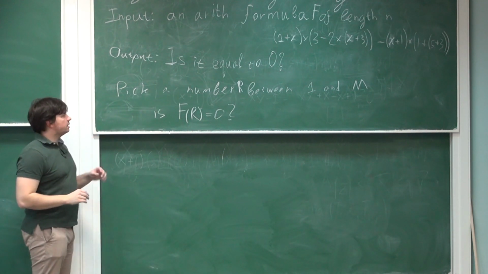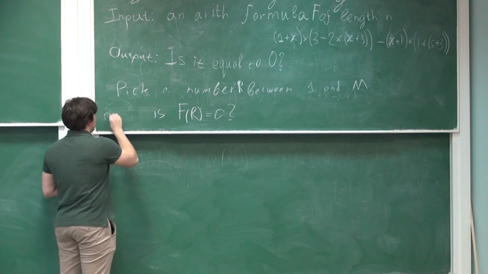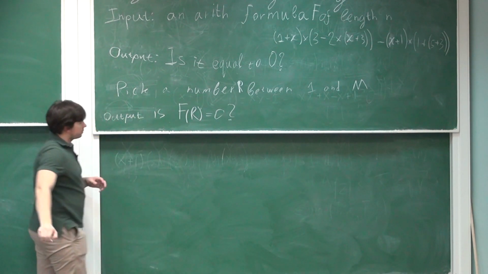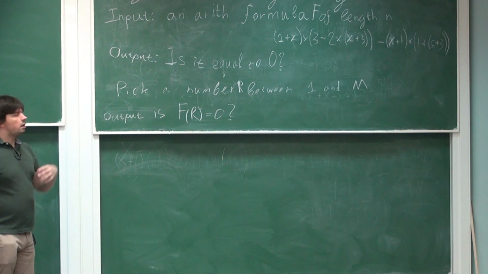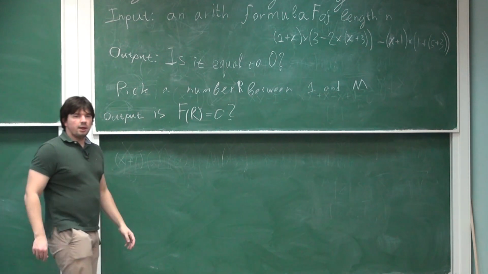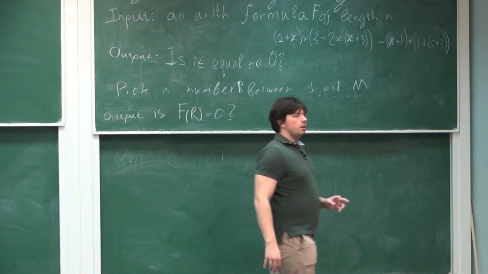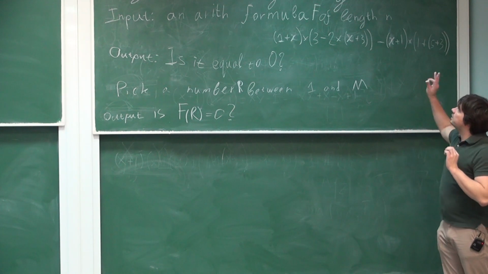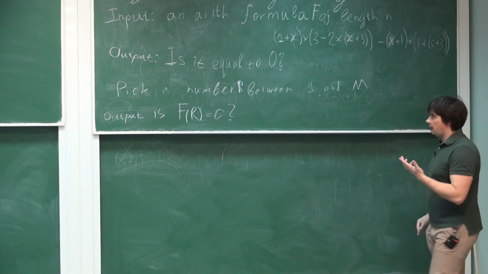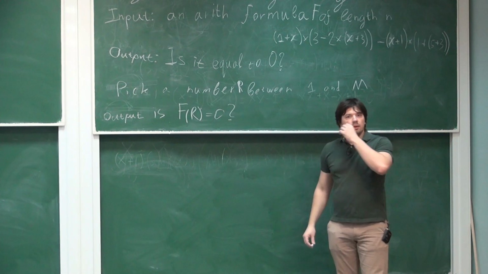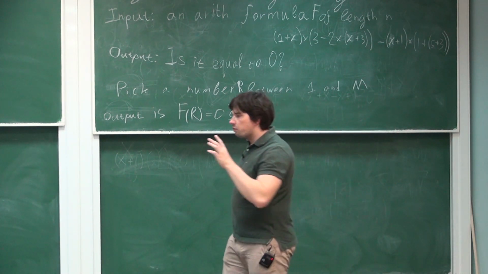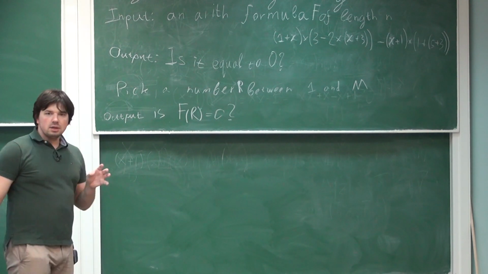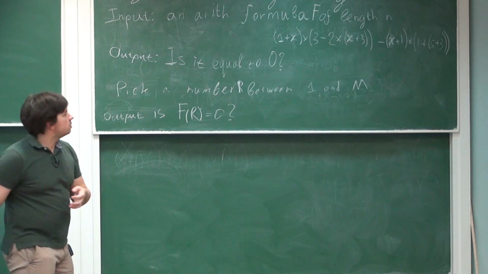So this is what we output. Our formula has length n, which means that the maximal possible degree of the polynomial f is n, right? We know from algebra that any polynomial of degree at most n can have at most n roots.